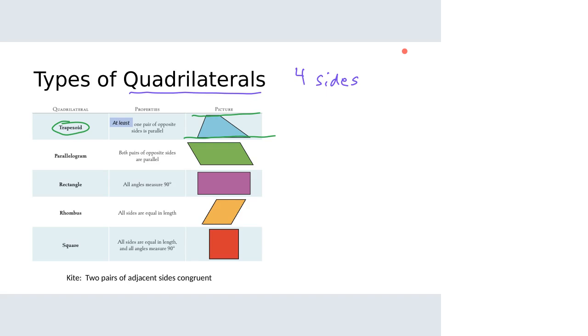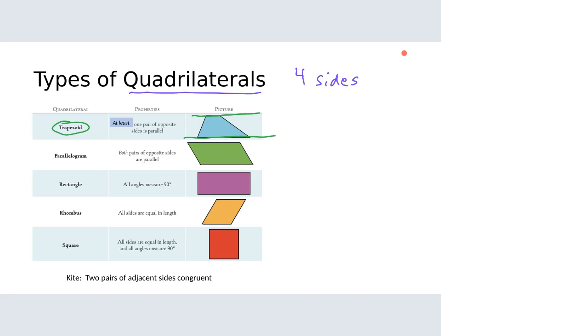Well, as far as a trapezoid goes, it just needs at least one pair of opposite sides, opposite meaning top and bottom are opposite, left and right are opposite. So one of those pairs needs to be parallel for us to call this a trapezoid. And sure enough, that particular shape has one pair of parallel sides, so it's a trapezoid.